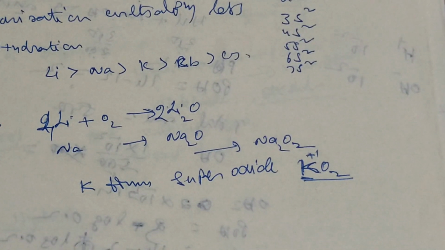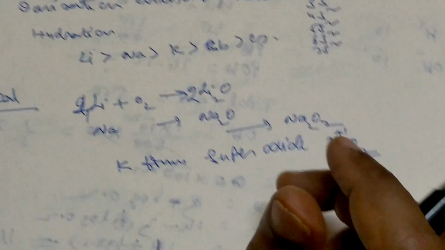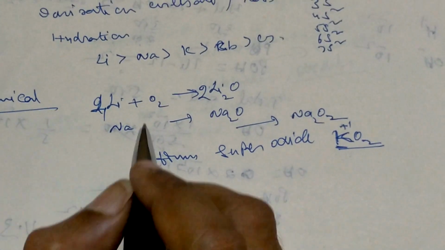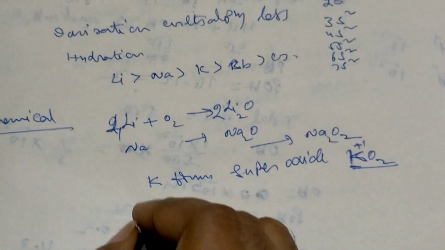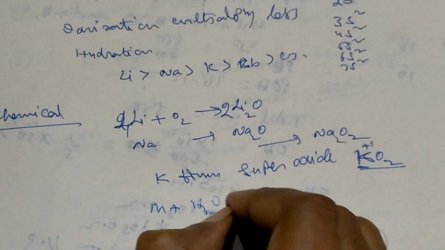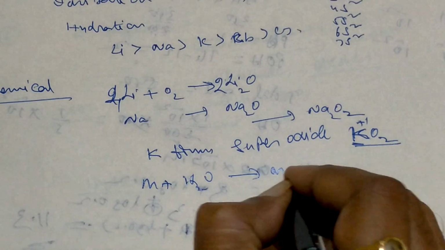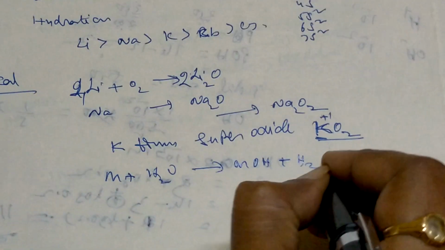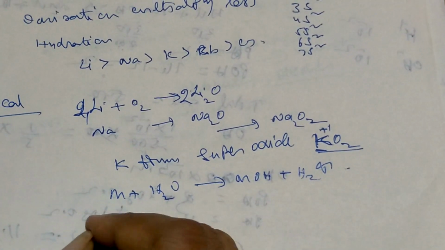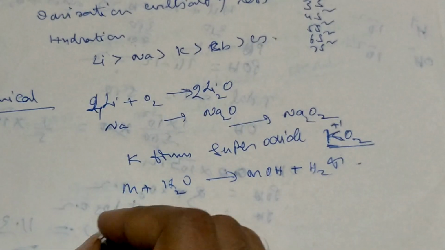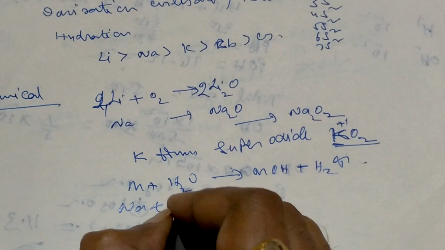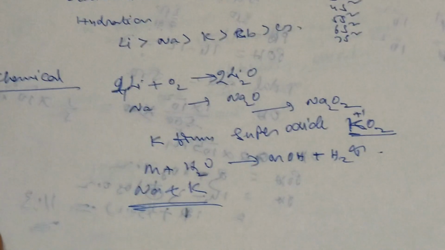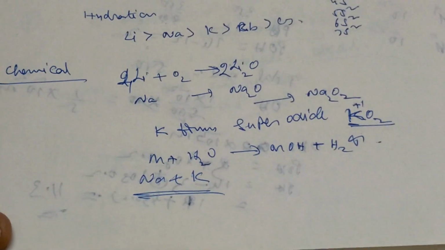As we already told, they react very vigorously with water. Metal plus water gives metal hydroxide plus hydrogen gas. Sodium and potassium are vigorous, whereas lithium and the others are less so.